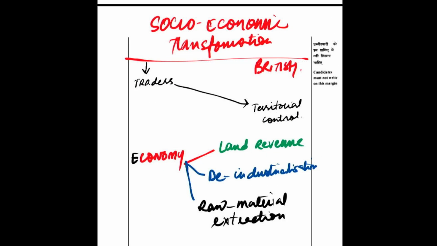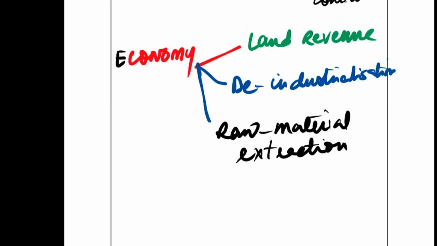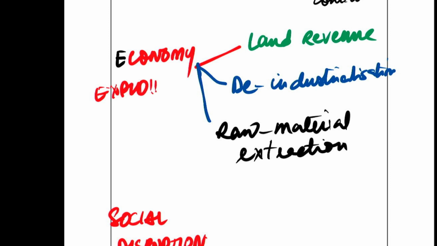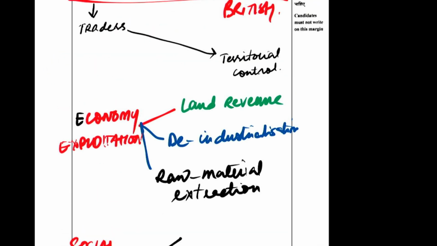So what do we do here is we recall what effects it brought. Social disruption, I would say. And here, economic exploitation. So what happened in social disruption, socially, because of the British?